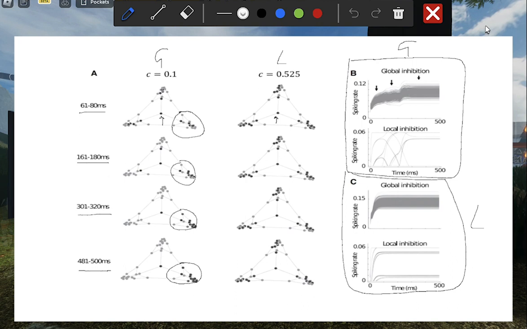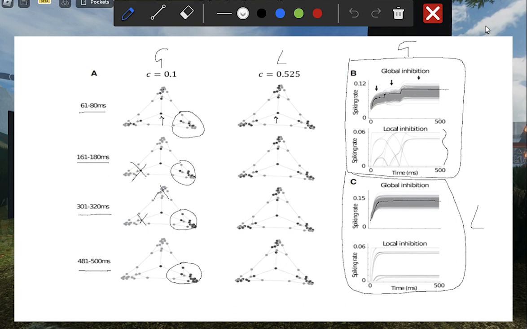In the global case, there are these three modes or steps, which seem to correspond to initially having a different number of neurons active altogether. At the beginning perhaps there are fewer, then more and more, and eventually it saturates. Whereas in the local case, it all goes up together and stays flat. And these different local groups or local units of activity are complicated in the global case, because you've got these ones which eventually lose out.